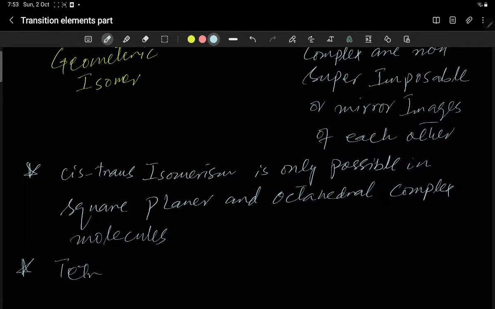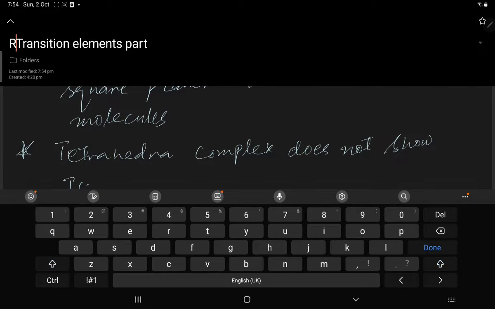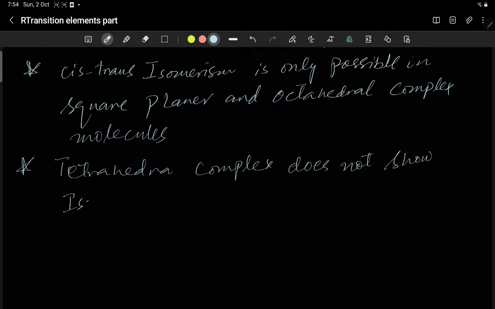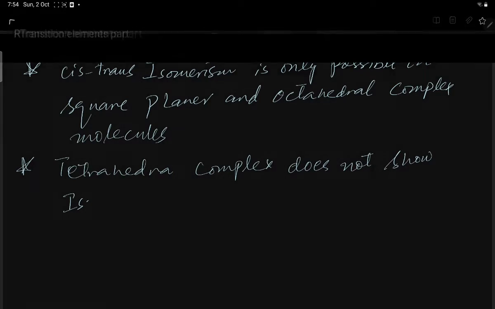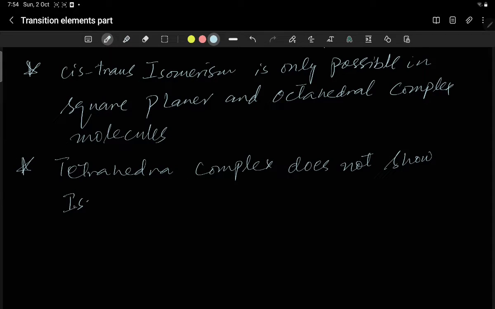A tetrahedral complex does not show cis-trans or geometric isomers.